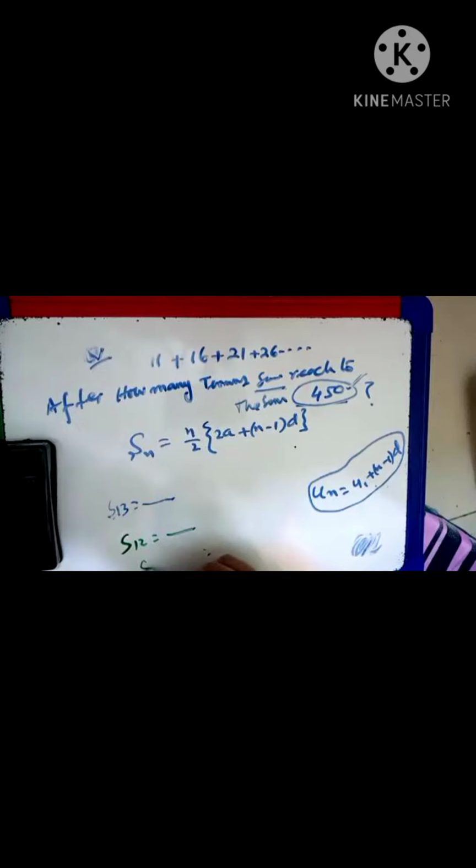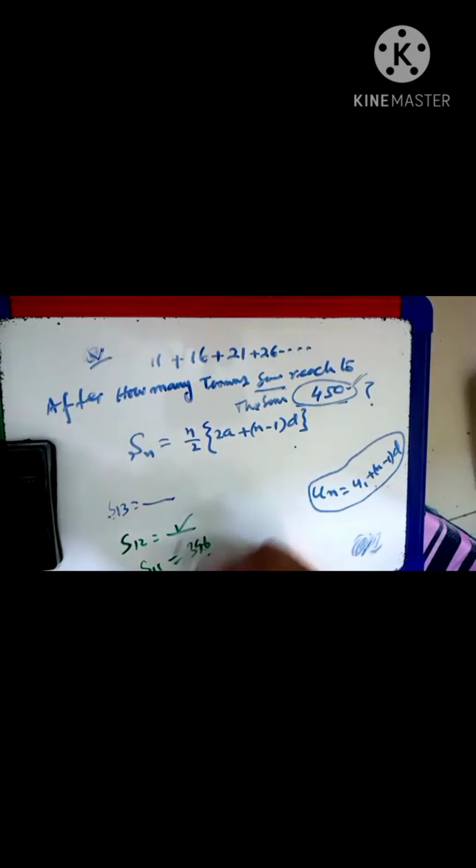Yeah. So now if you use S11, just change the values and find S11, and the calculator you can do. 396. How much? 396. Yeah, it means S12 is correct.